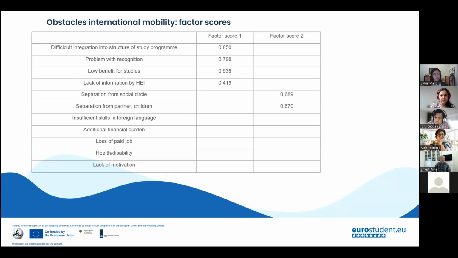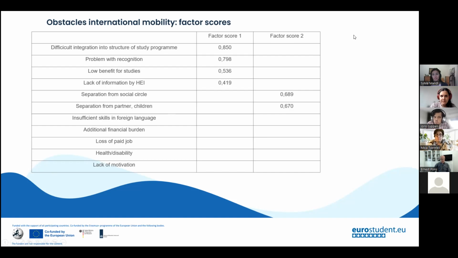So we did a factor analysis, and you can see that the first 4 rows together combine into one factor. We called it practical obstacles, because compared to the other 2, you see there are separation from social circle and separation from partner and children. We dubbed the second factor the social obstacles. So we have a factor practical obstacles and a factor social obstacles.